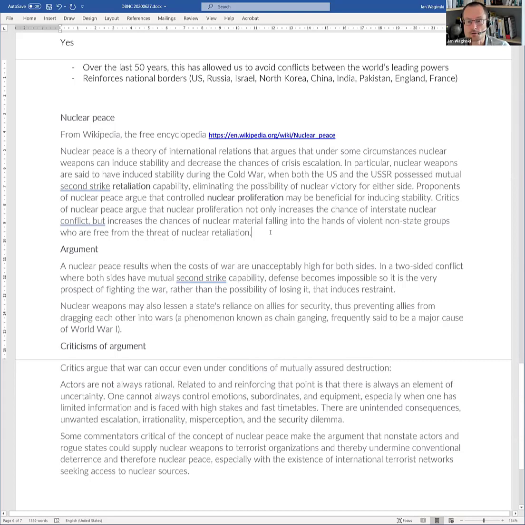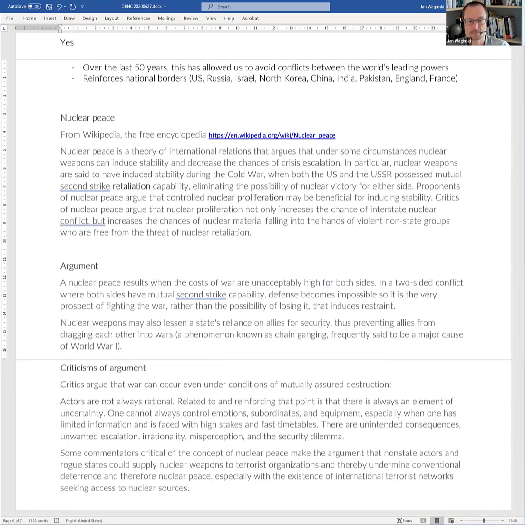Okay, so in your own words, what is this paragraph about? Could you summarize it? It's all about nuclear weapons. For some people, it could be like chances of crisis, degradation, stability.